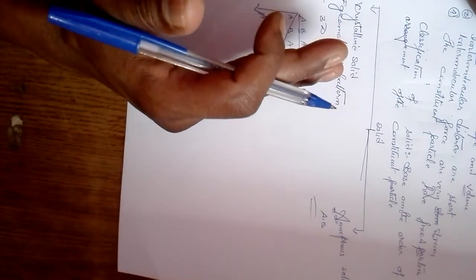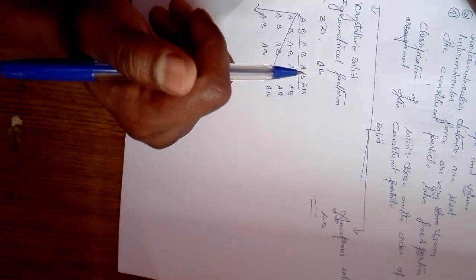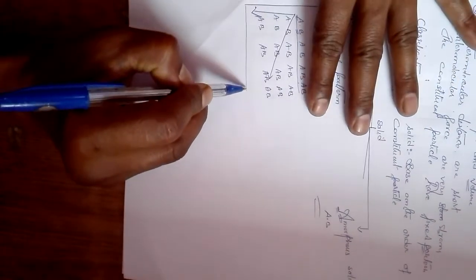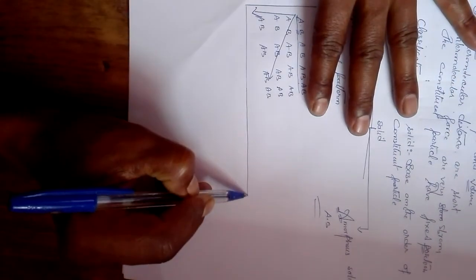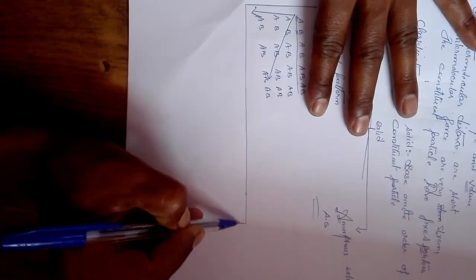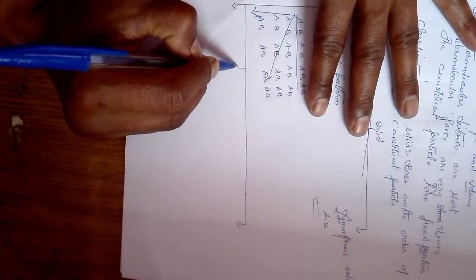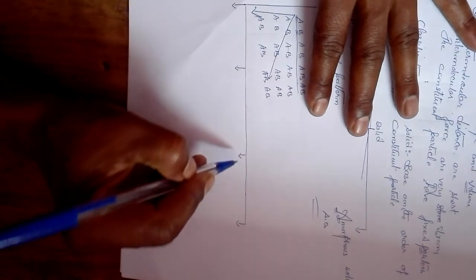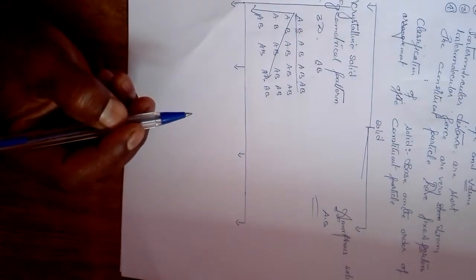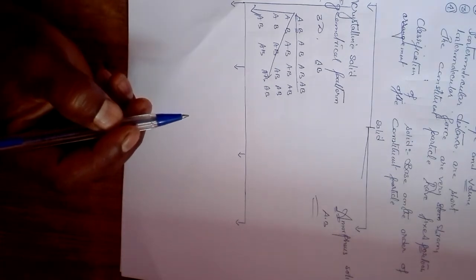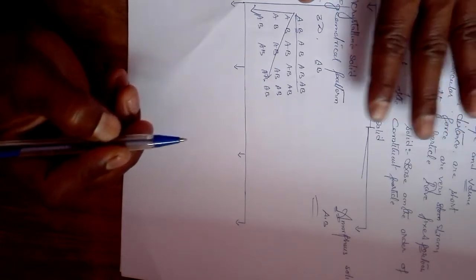First of all, we will see what are the different types of crystalline solid. Remember, the mode of classification of crystalline solids is based on the type of constituent particle. Crystalline solids are further classified into different classes.